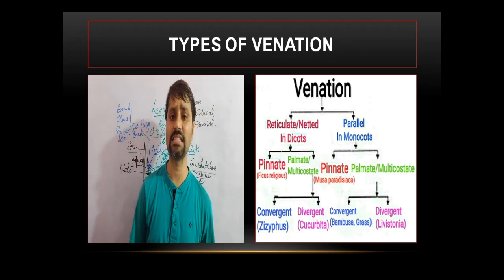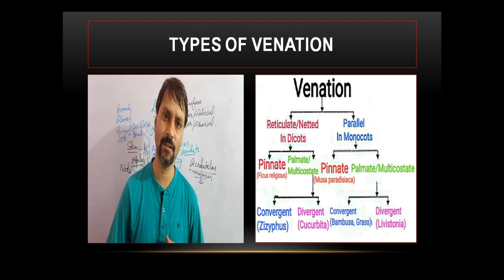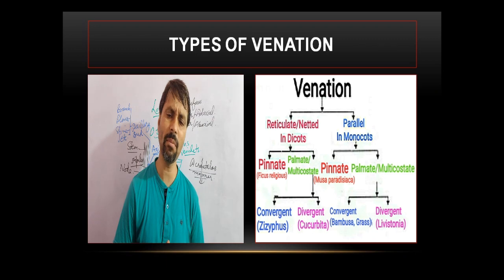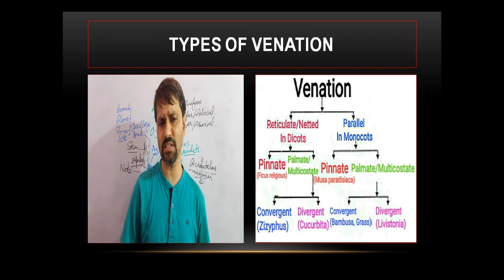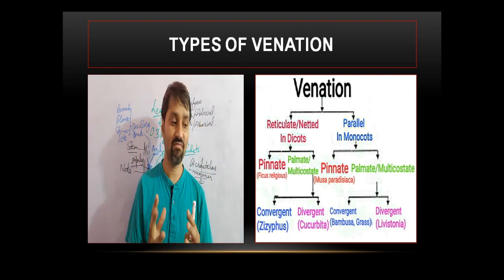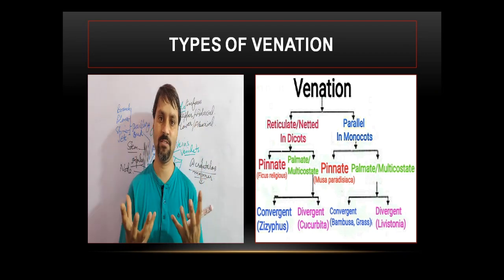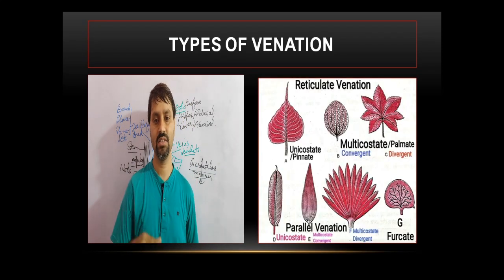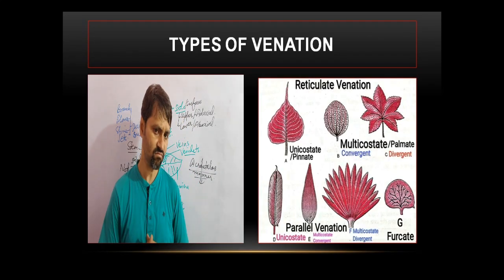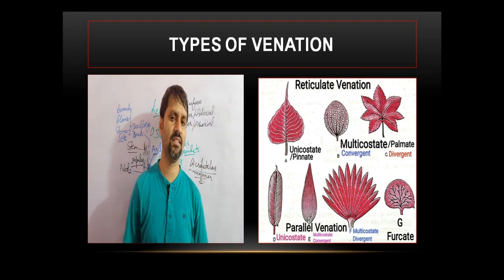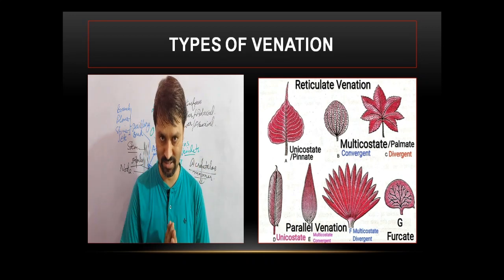One is pinnate, one is palmate or multicostate. अब कुछ नहीं है. Reticulate और parallel हमें clear हो गया. अब हम देखेंगे इस चार्ट को मैं आपके साथ डिस्कस करूंगा. पहले first I want to show the live example of these venations. Then you will define this chart very well. Let us see here. See in front of your screen, reticulate venation and parallel venation. I will give you one by one the live example of this.